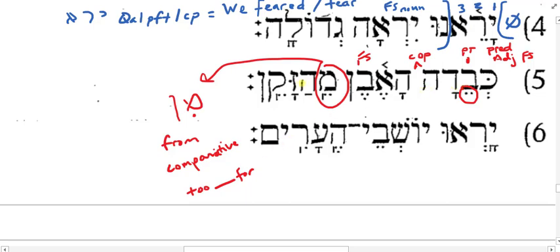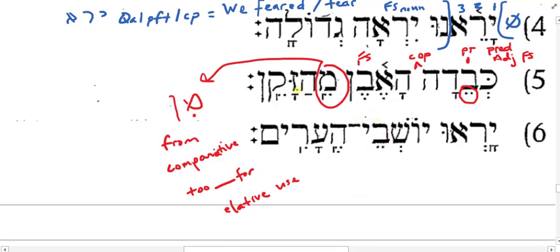Too heavy for the elder. Okay? That's the use of the min here. This is technically described in some grammars as the elative use of min. To be too much of some quality for someone. All right, so that's it here.